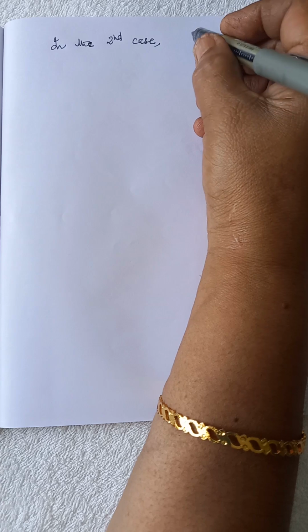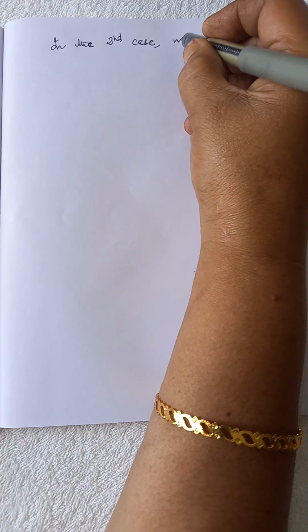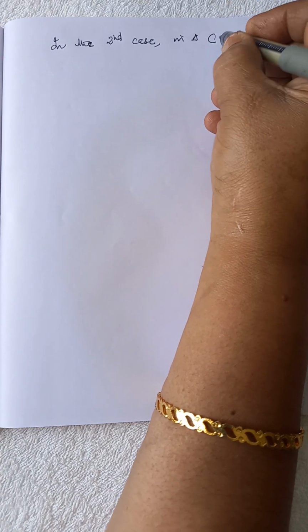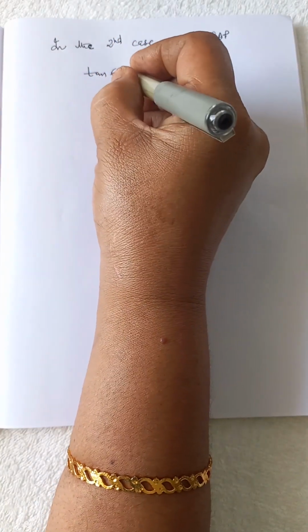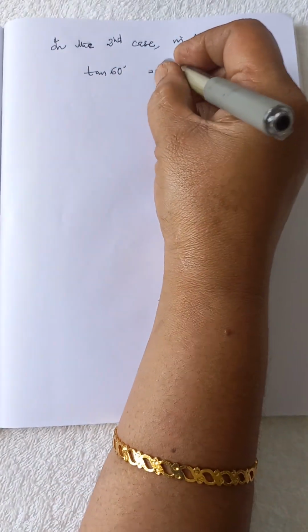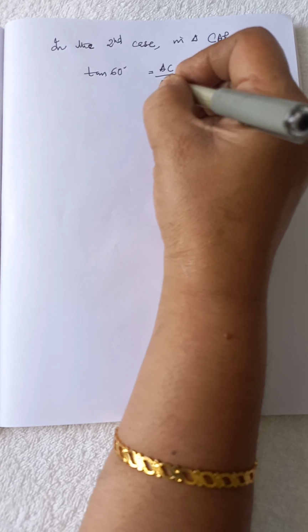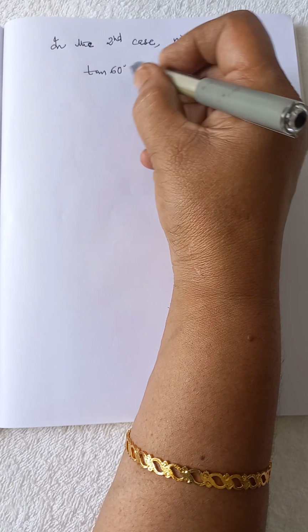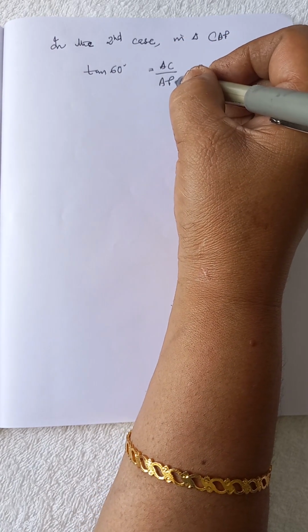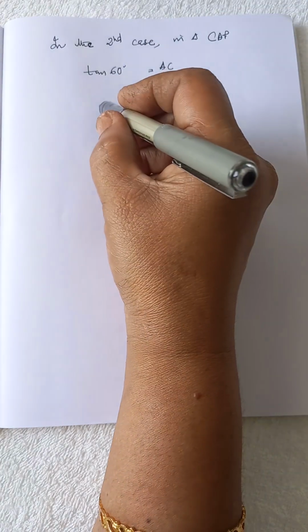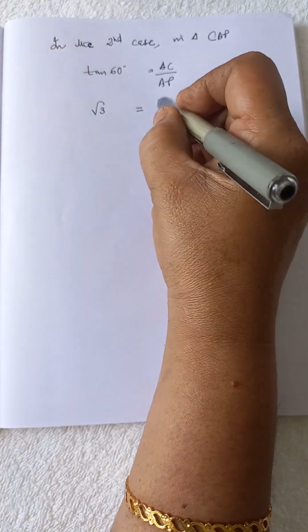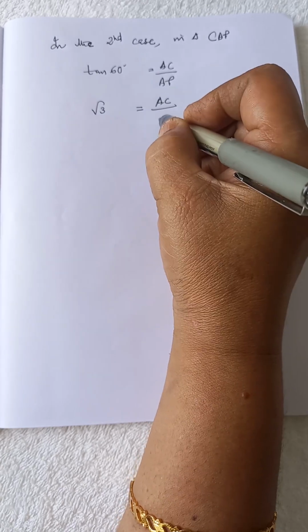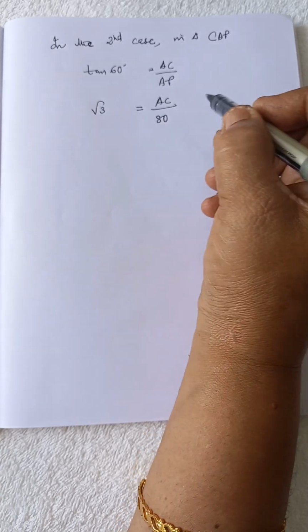So let's write in the second case, in triangle CAP, tan 60 degree is equal to AC by AP. Here we know tan 60 degree and AP. So AC we want to find out. So tan 60, that is root 3, is equal to AC by AP, that is 80 meters.